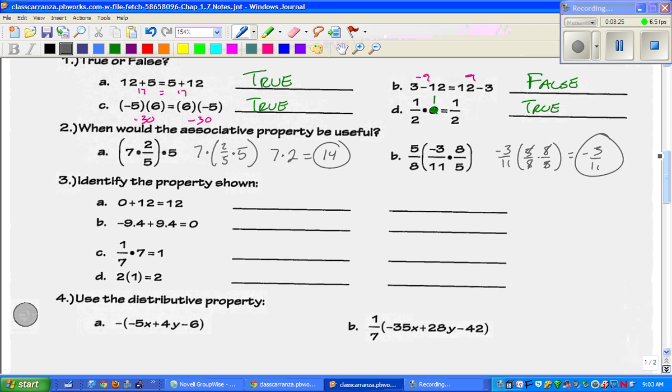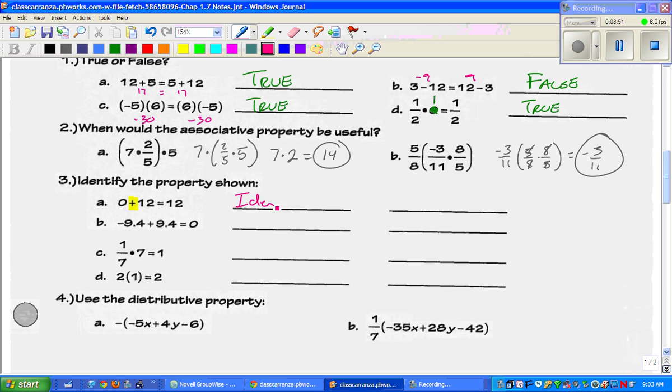Number 3. Let's go through these, and we're going to match what we've got with what property it is. So letter A is 0 plus 12 equals 12. Key things to know right away, it's addition. Now, which one of addition is it?